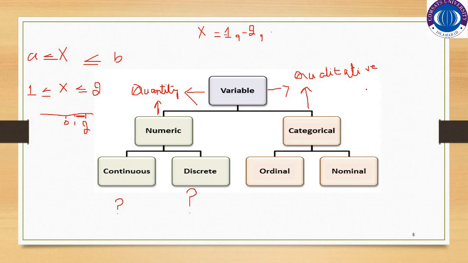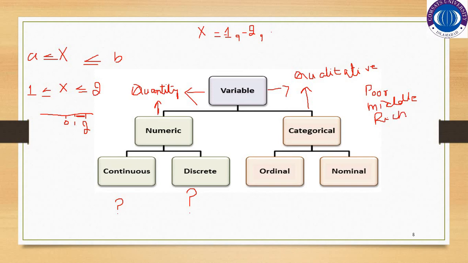If you select a person, the quality would be whether the selected person is poor, middle class, or rich. For example, we are assuming this. So there are three options.